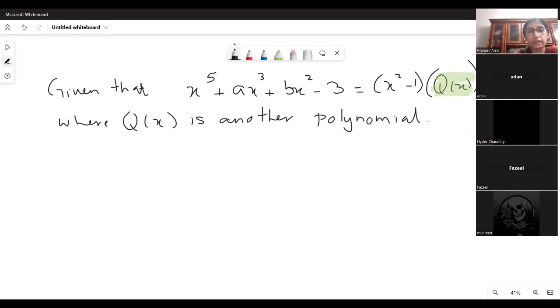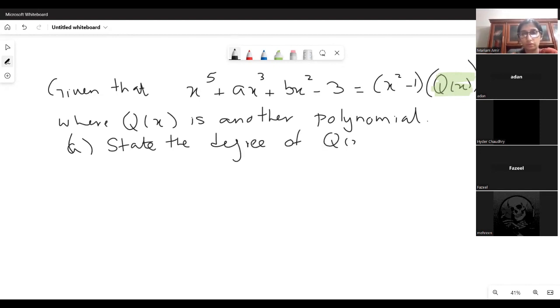Part A: state the degree of q of x. Part B: find a and b. Okay, let's start with part A. What would be the degree of q of x? Degree means the power of x.